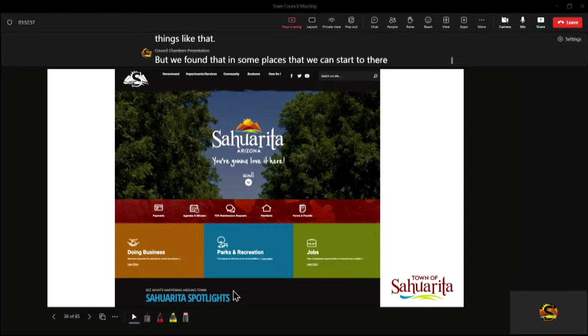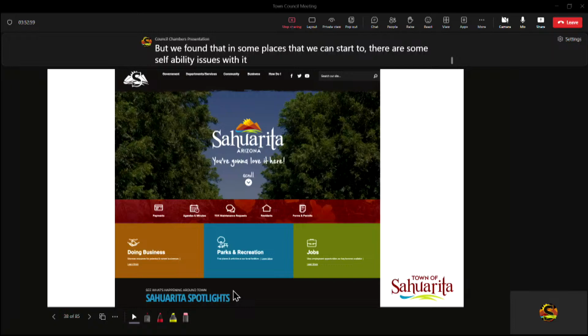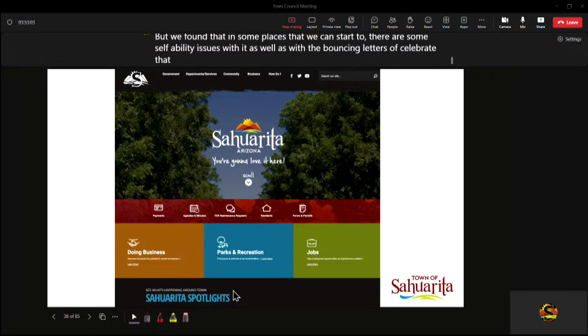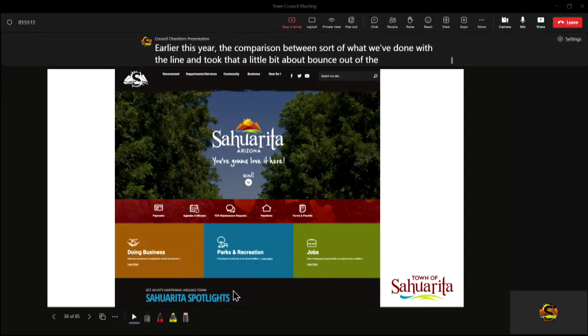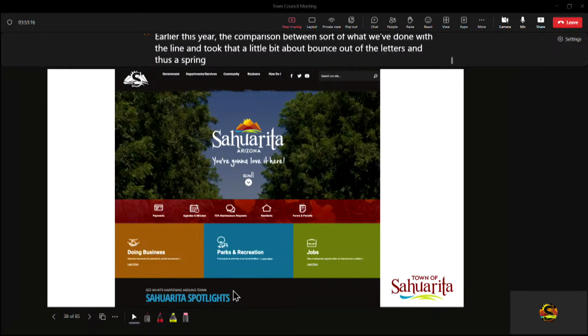There are some accessibility issues with it, as well as with the bouncing letters of Sahuarita. And this was shown to the council earlier this year, the comparison between what we've done with the mark. We took a little bit of that bounce out of the letters, and thus a screen reader is going to be able to pick it up for a person that is visually impaired.